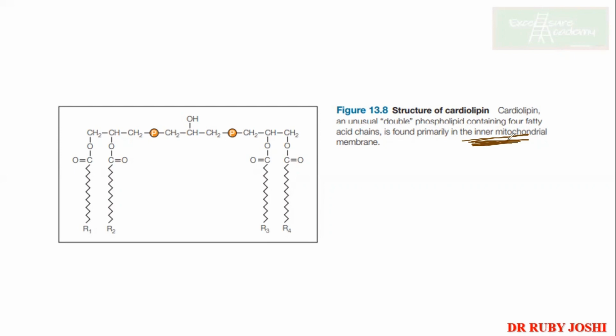As I already said, it is present in the inner mitochondria. What is the speciality of the inner mitochondrial membrane? It is less permeable to molecules and ions. Okay. Then what else?